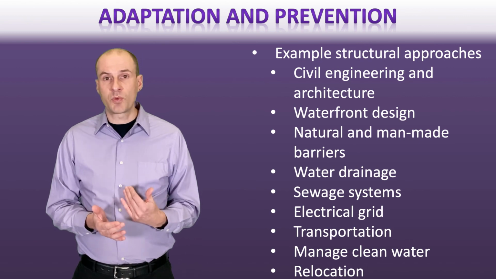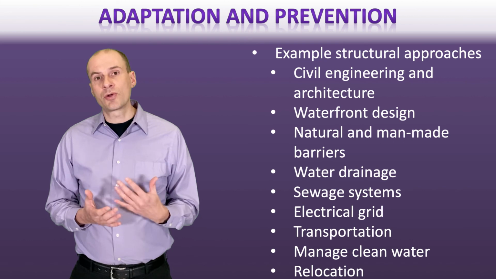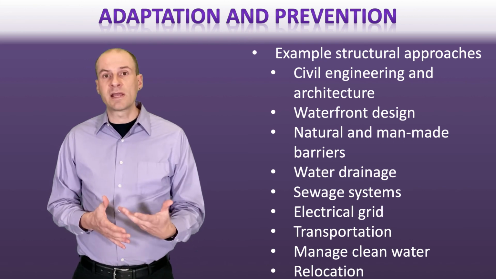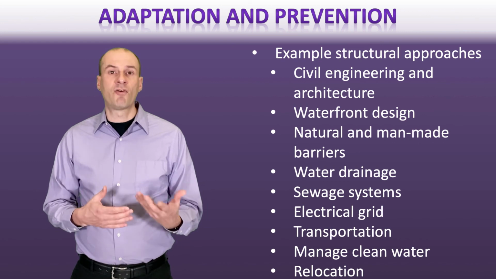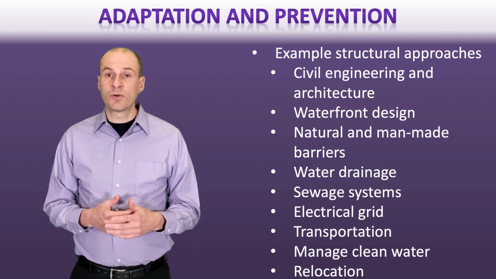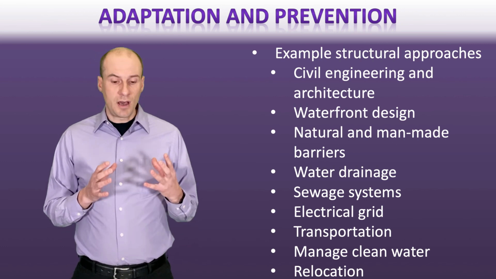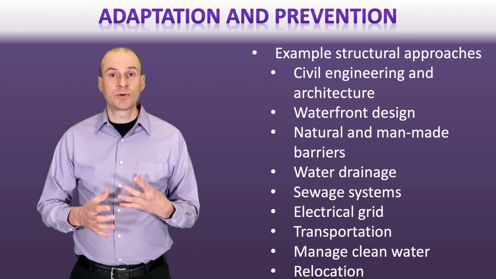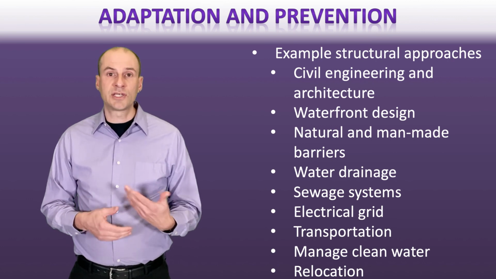There might be certain places where realistically our changes to structures aren't going to be adequate to create an adequate level of risk for those areas. So in some cases, we may need to think about moving certain spaces, particularly really important spaces like hospitals or other types of places that are needed during situations of floods.